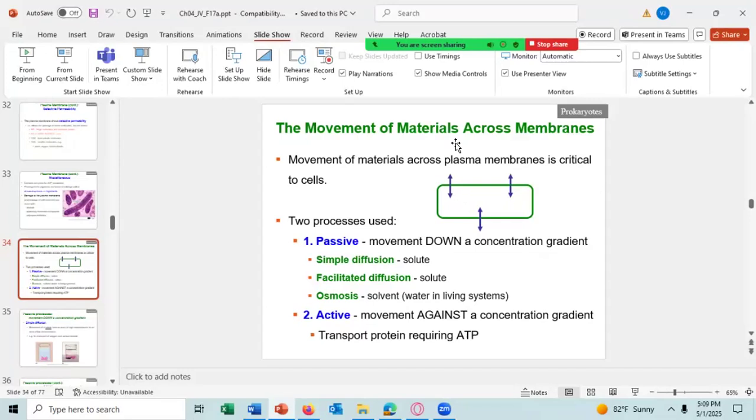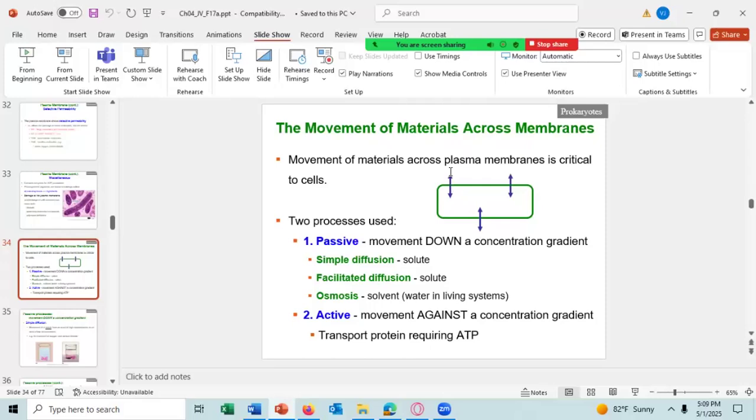All right, the active transport of material across the cell membrane happens where the molecule moves against its concentration gradient. So when there's less glucose outside the cell than inside the cell, the cell will want to move that glucose into the cell.